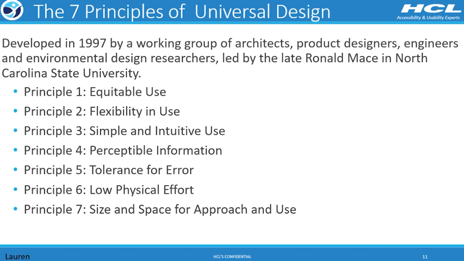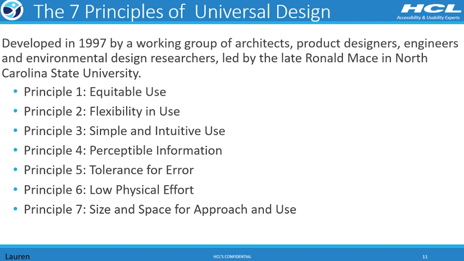There are a lot of websites that you make a mistake, that's it. You can't do anything else. You've left the user no options. Create tolerance for error in your websites. Low physical effort. You've probably all been to websites where to accomplish something, you've got to go and click 5 or 6 different things, and you're keyboarding and you're mousing around, and it's a lot of work. You need to diminish that as much as possible.